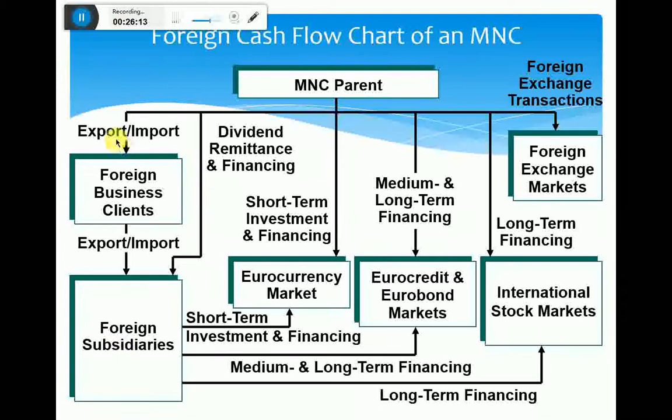Similarly, when they export and import, they use the international financial market, and this is how flow of funds takes place, and this is the flow chart of the multinational corporation.